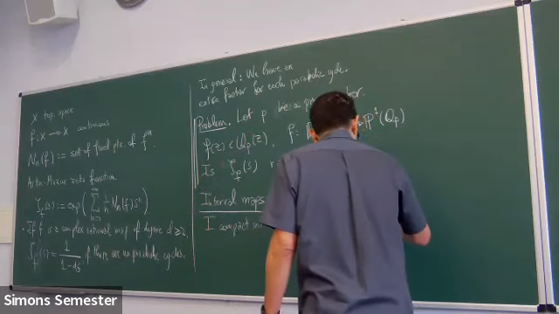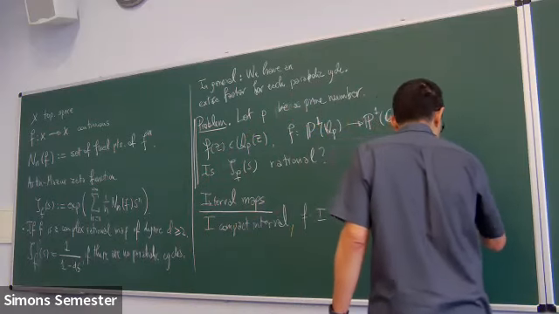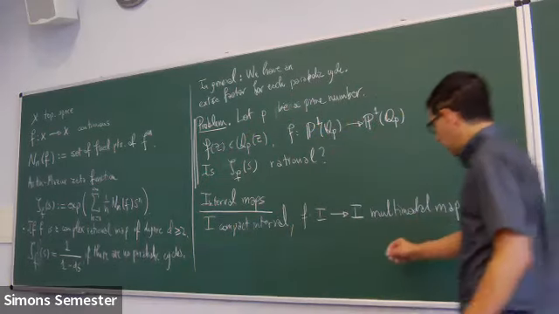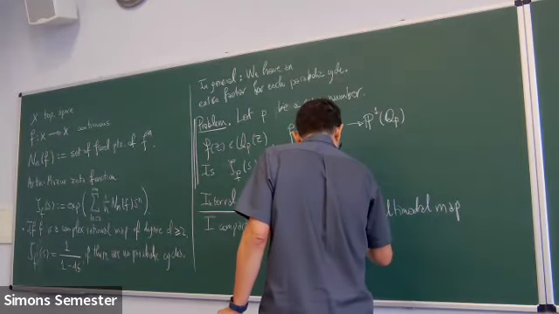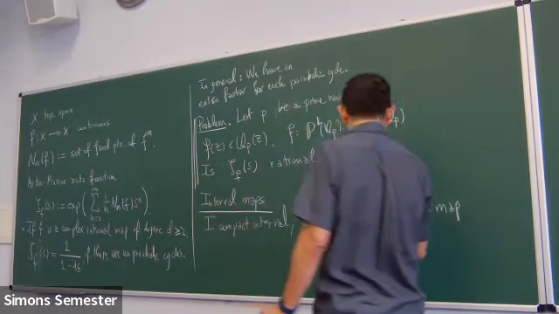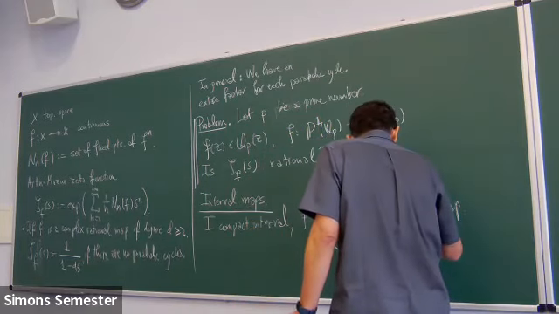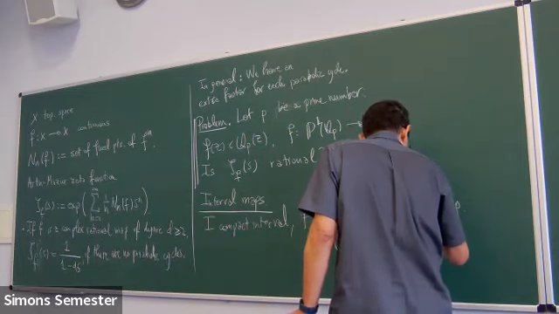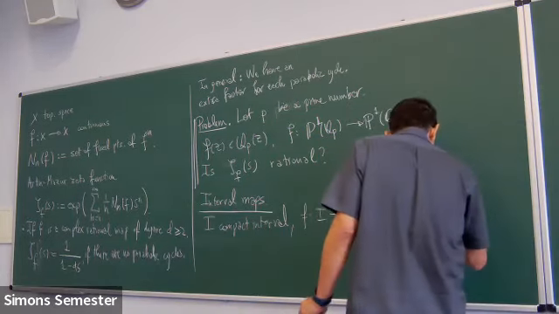This is a multimodal map. Now, this means that it is continuous, non-injective, so we want to avoid trivial cases, and piecewise monotone.